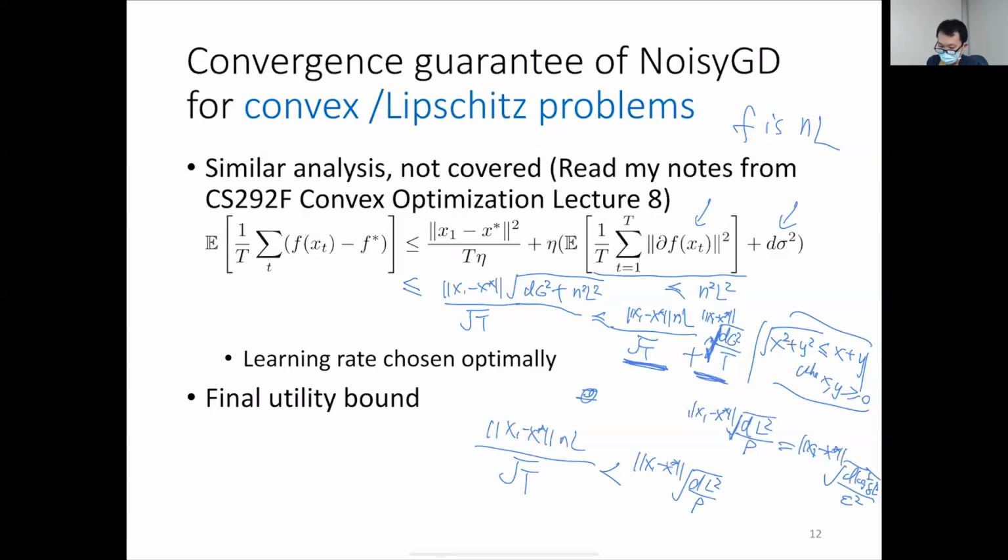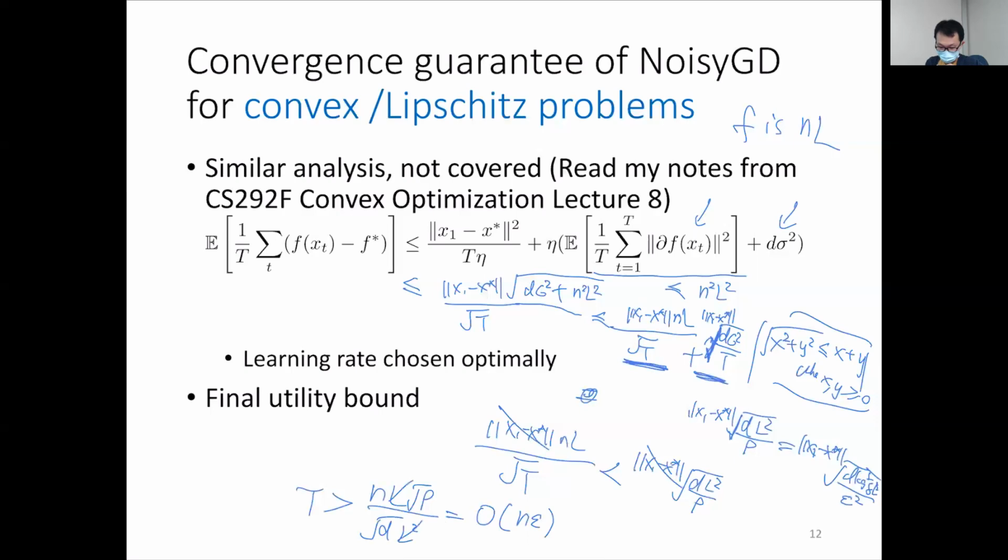In order for this to happen, now these two terms got canceled out, and t needs to be larger than NL square root of rho over square root of d L square, and L also got canceled out, and this is proportional to n epsilon as well.